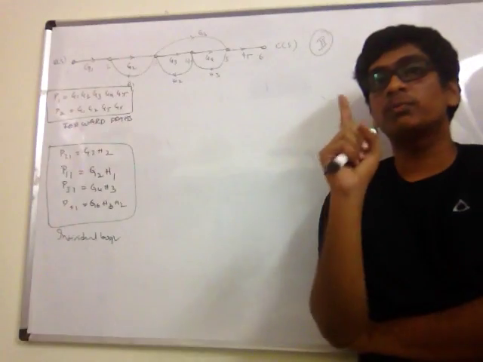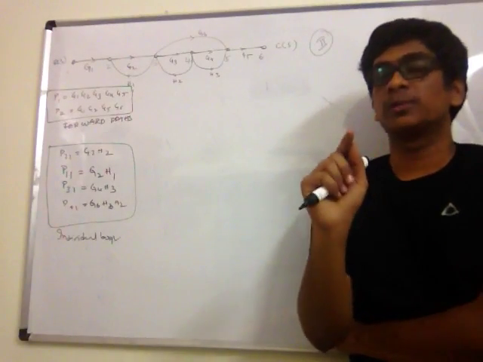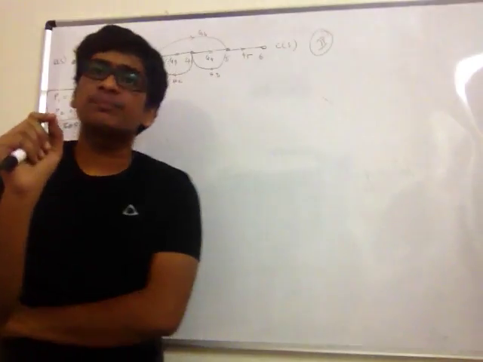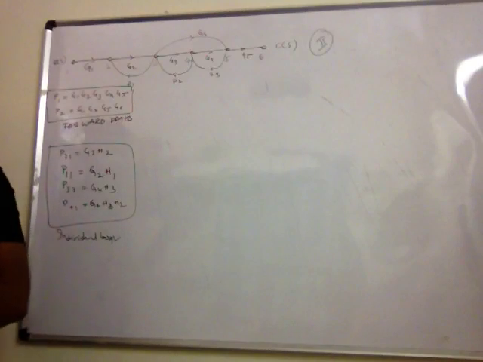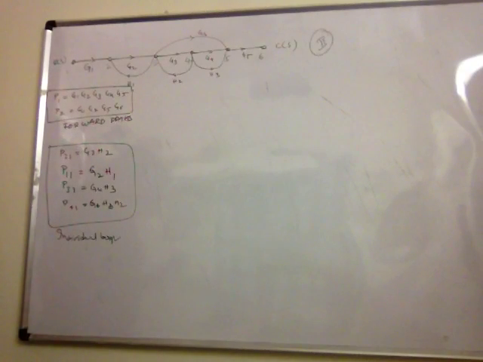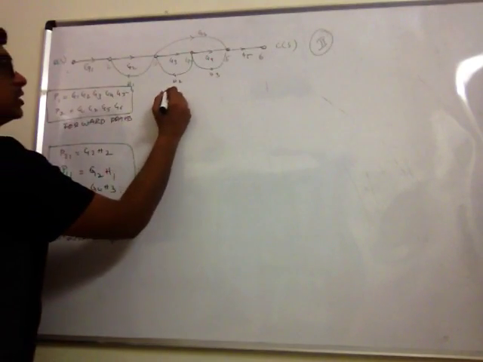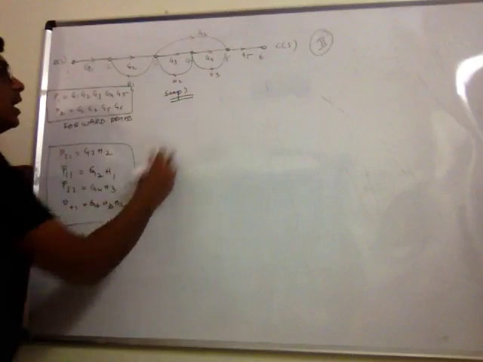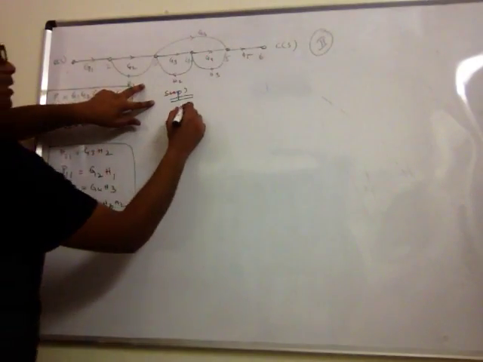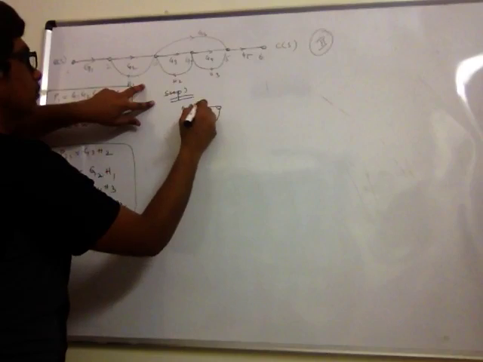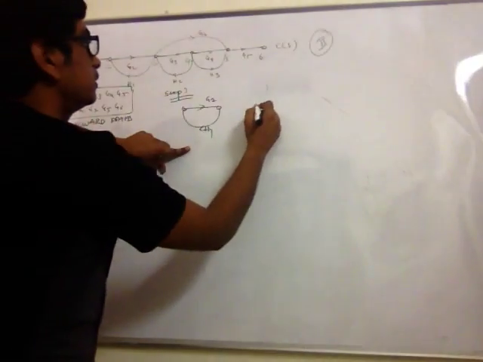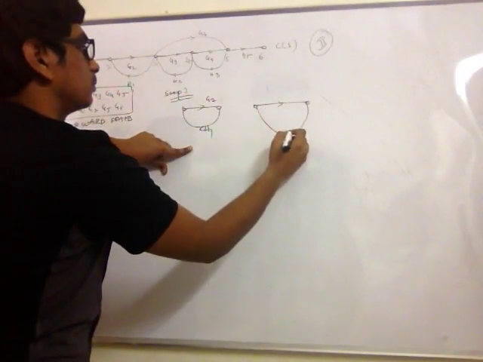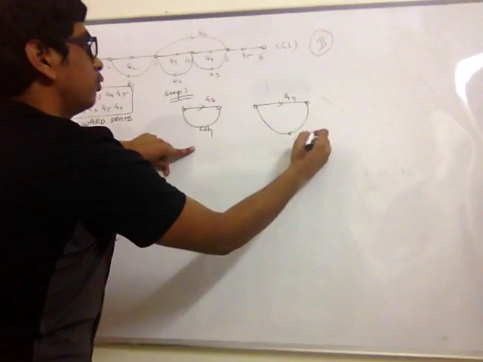So we have one pair of non-touching loops. So the step 3 is all about pair of non-touching loops. And you are going to find out the product of the gains of the non-touching loops. So step 3. The 2 loops are G2H1 and G4H3.